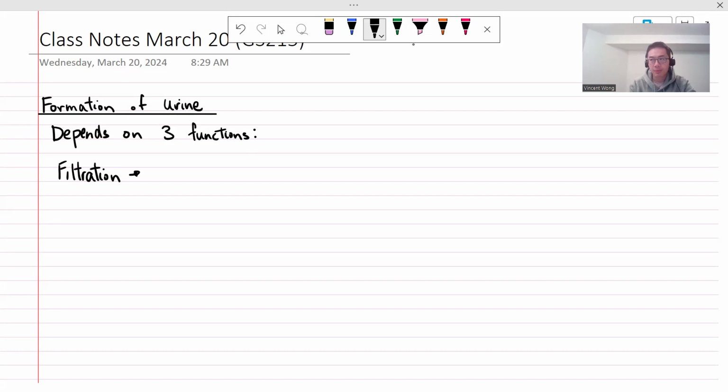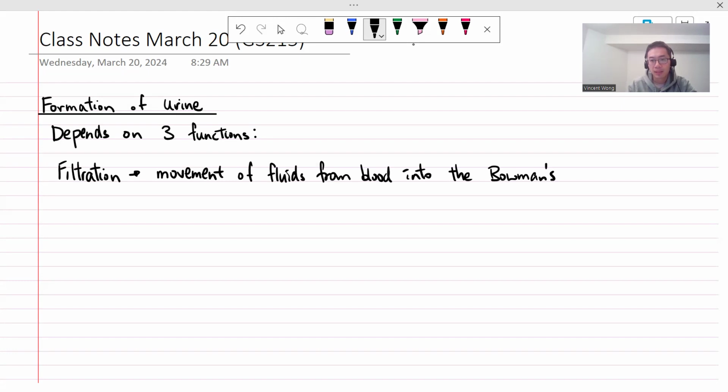Filtration is basically the process that involves the movement of fluid from blood into the Bowman's capsule. We'll talk more about that later, but that's the initial step.